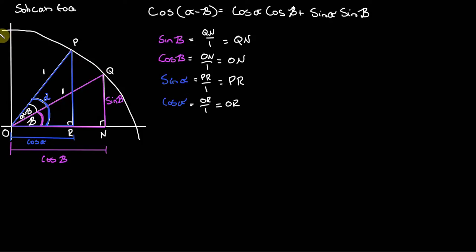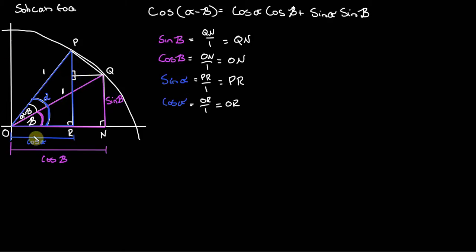But what we can do is just draw a chord here between P and Q. And what we can also do is draw a horizontal here, and that forms a 90-degree angle like this.